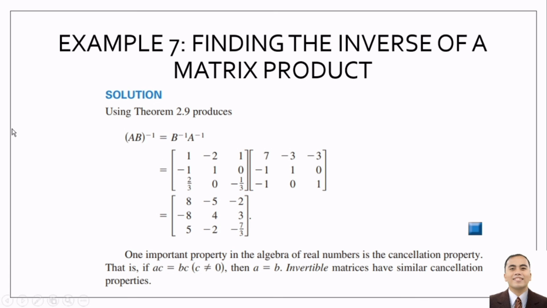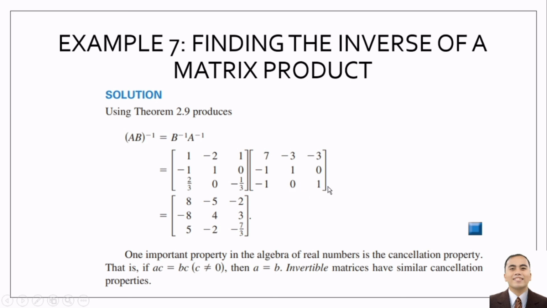Using theorem 2.9, we need to multiply the inverse of B and the inverse of A. Multiplying both inverse matrices, we have 1, negative 2, 1, negative 1, 1, 0, 2/3, 0, and negative 1/3, and 7, negative 3, negative 3, negative 1, 1, 0, negative 1, 0, and 1.